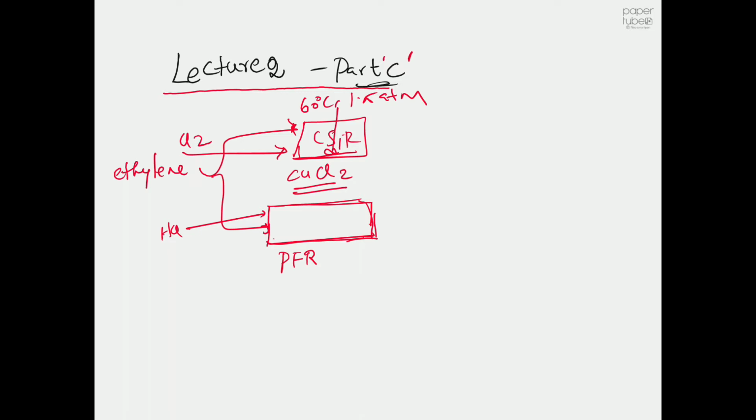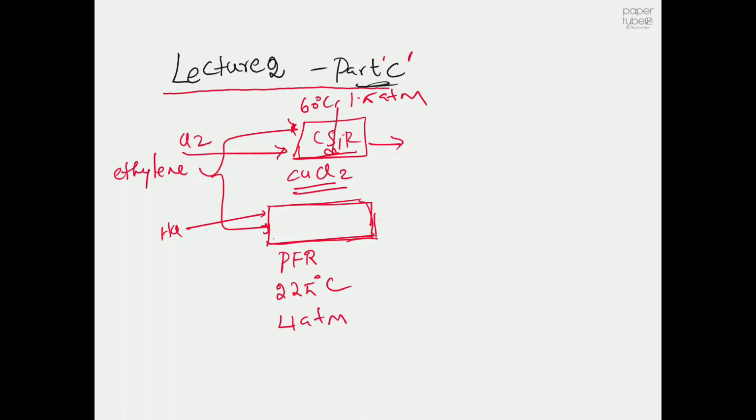So let me check my notes. Yeah, this one we are going to perform somewhere between 220 to 235 degrees centigrade. Yes, so we'll perform this experiment at 225 degrees centigrade at 4 atmospheres.